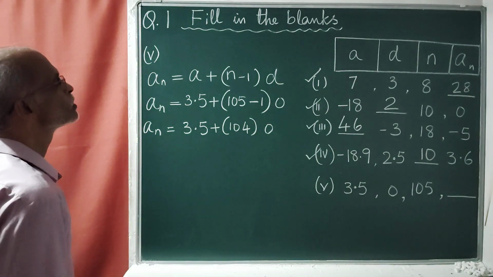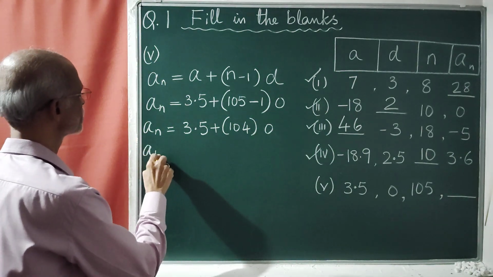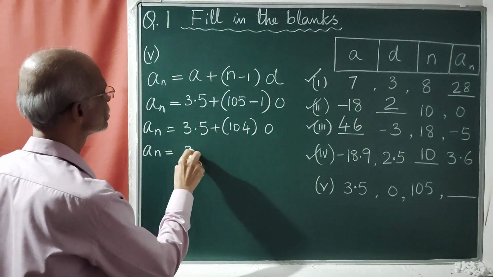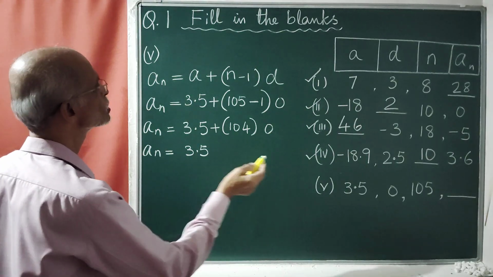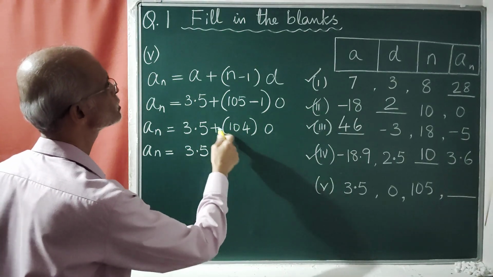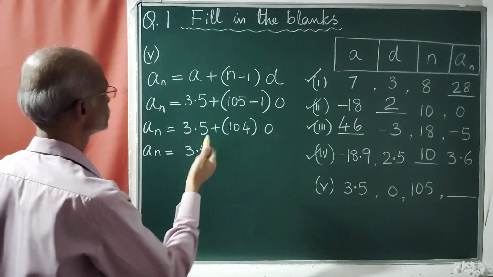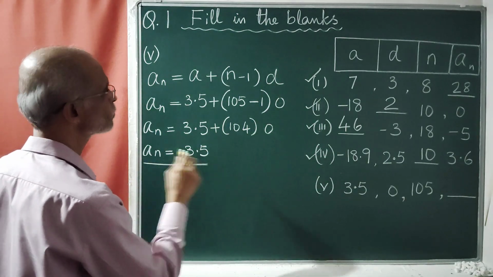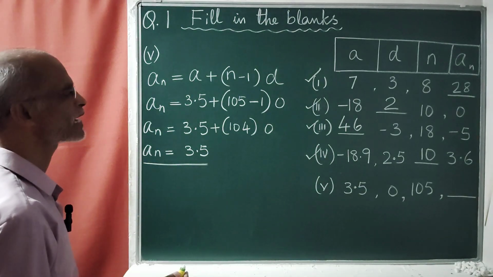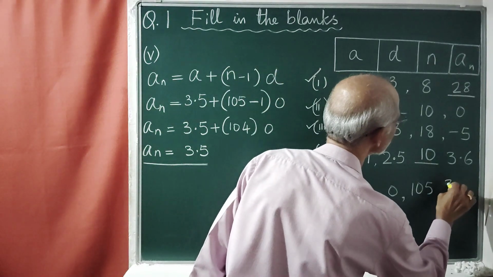Now AN is equal to 3.5 because 0 into 104, the whole thing becomes 0. So AN is 3.5. If we fill the gap now, 3.5.